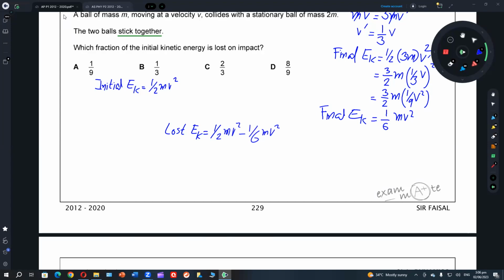Can you make this subtraction for me? What is 1/2 minus 1/6?